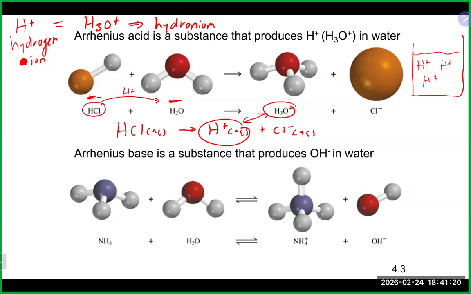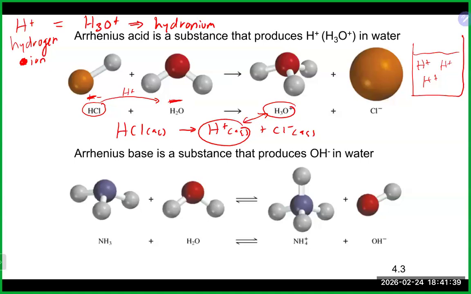The more H plus ions or hydronium ions you have in solution, the more acidic that solution is going to be because they are freely floating around. As we'll talk about, that will affect the pH of that solution based on how much H plus is floating around in there.